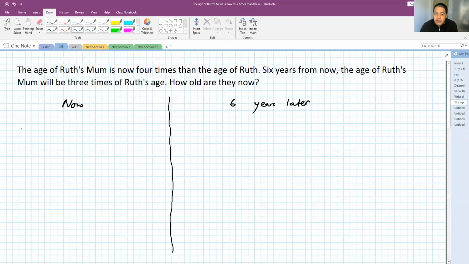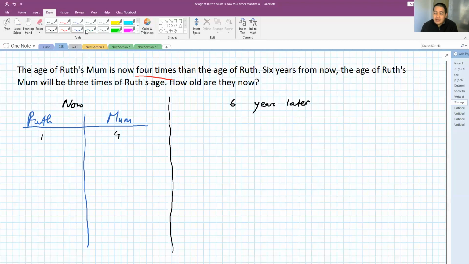We have these two people, Ruth and her mom, and I can make a table of their ages and start with a number. For example, say the age of Ruth now is 1 year. From the question, you can tell that the age of her mom will have to be 4 years, right?